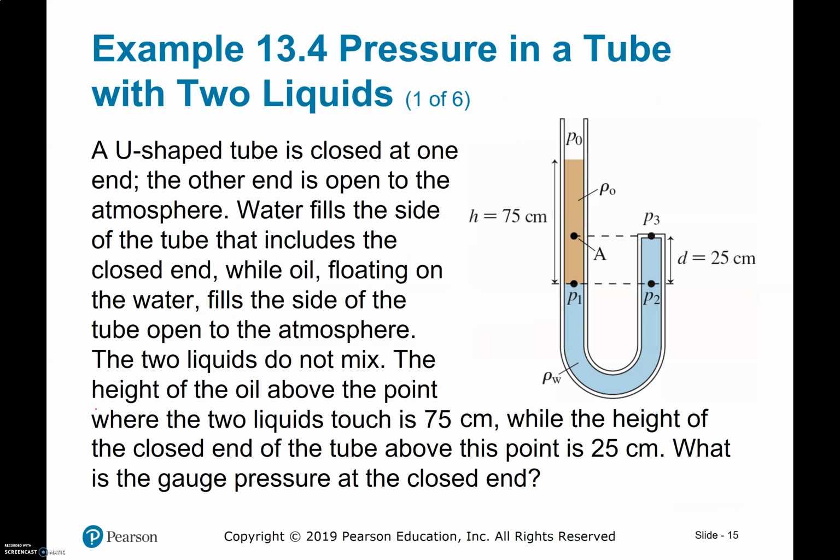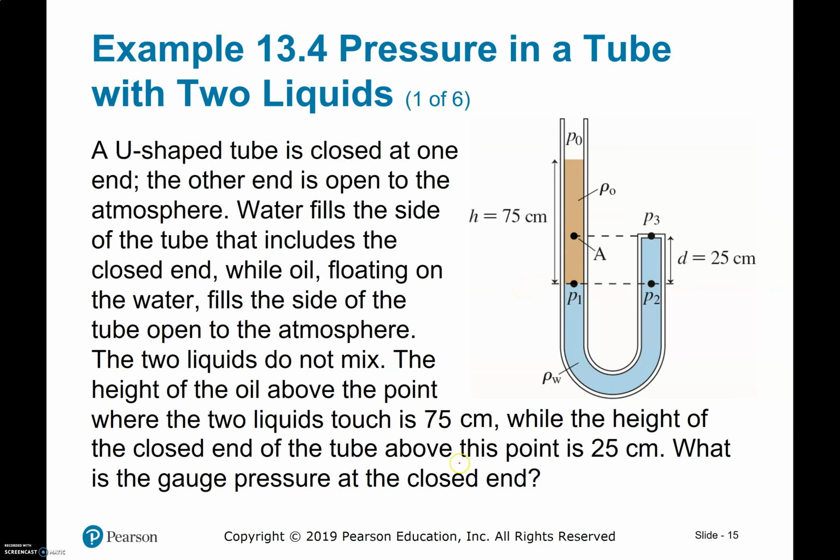So let's look at one example, right? We have this U-shape device. This is water here, and then you have another liquid here. Water fills the side of the tube that includes the closed end, and then this is oil, and they don't mix.